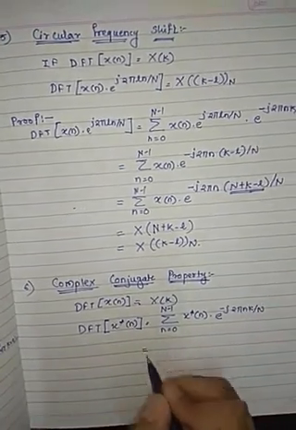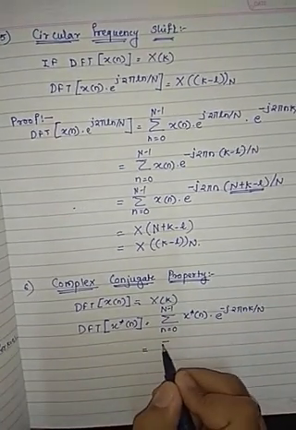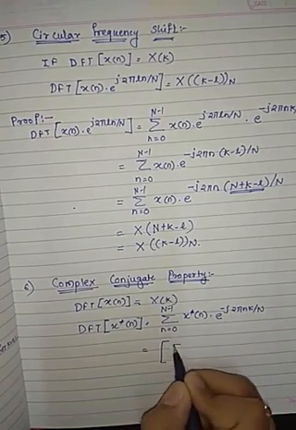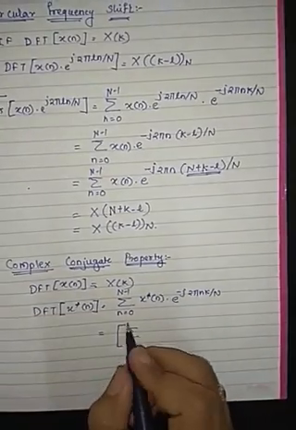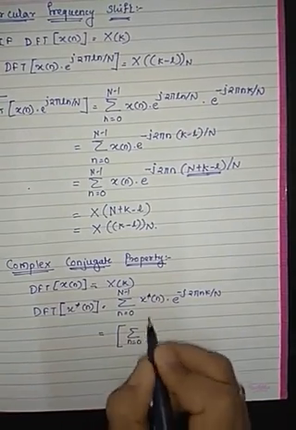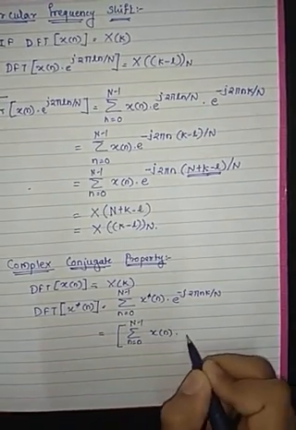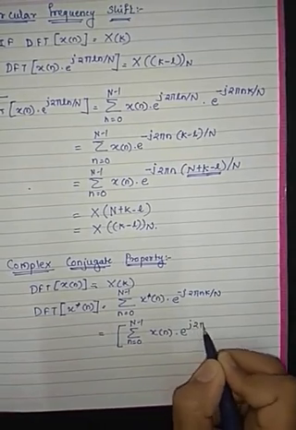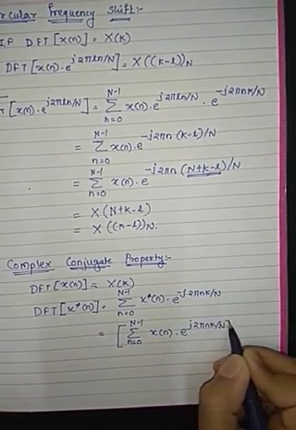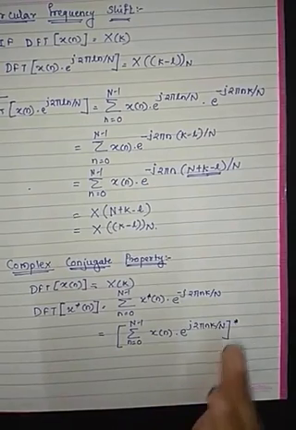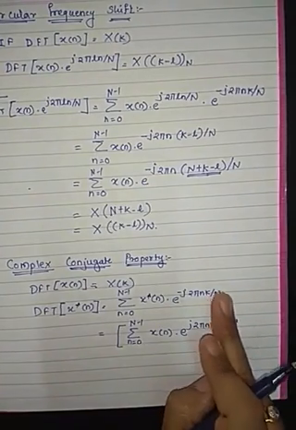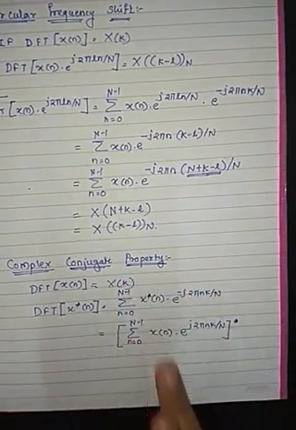Here we can write this as the summation from n equals 0 to N minus 1 of x of n into e raised to j 2 pi nk divided by N, the whole complex conjugate. So what we have done is taken the complex conjugate of the whole term.